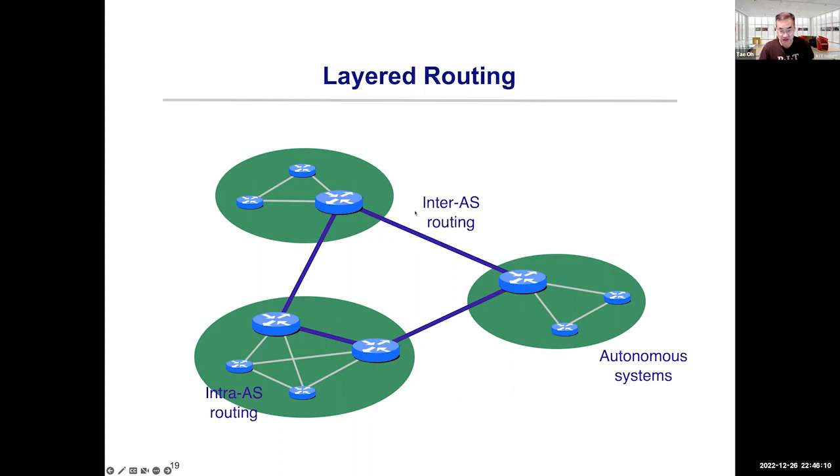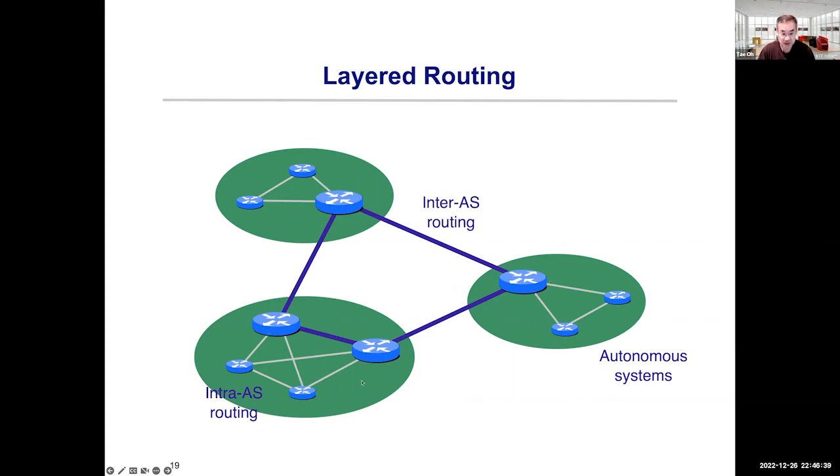Inter-autonomous system routing is more of a Border Gateway Protocol. Okay, there's only one protocol. There's no other protocol. The Border Gateway Protocol is the only protocol that allows communication between the different autonomous systems. Okay, those are the different things.